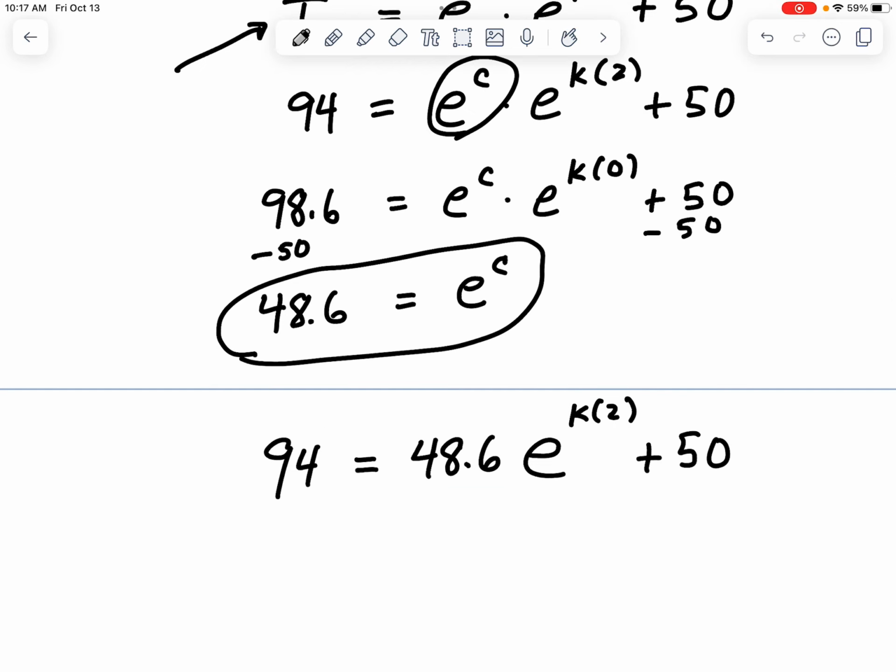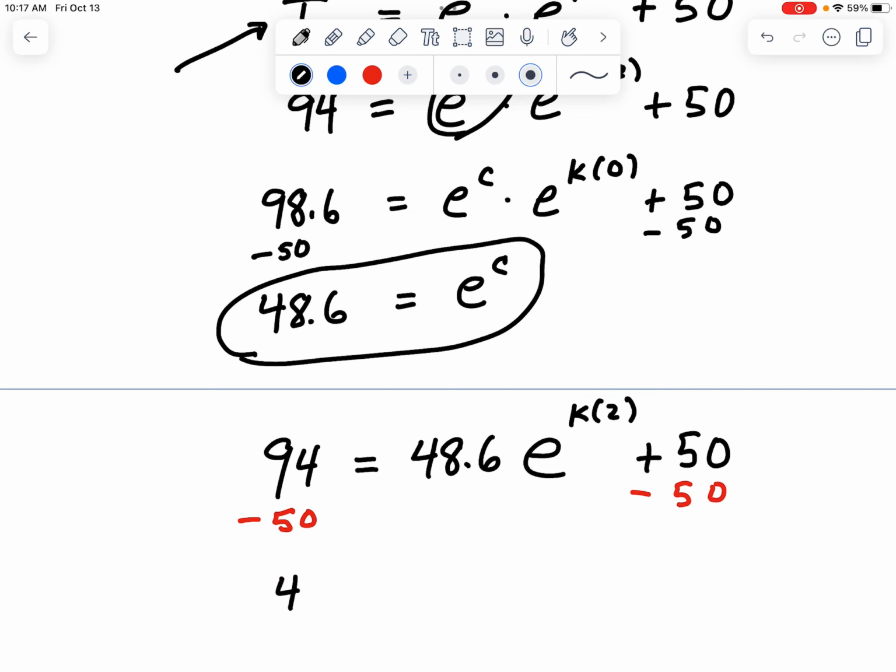And then we're almost done. So right now I'm trying to find out what k equals. So subtract 50 from both sides. And this will be 44 equals 48.6 e to the k times 2.